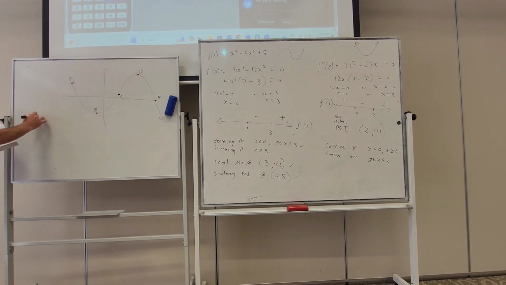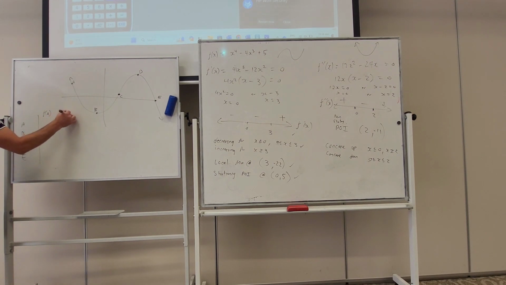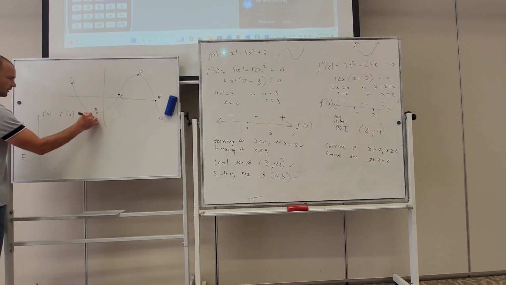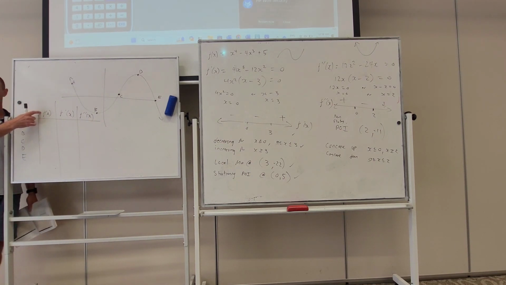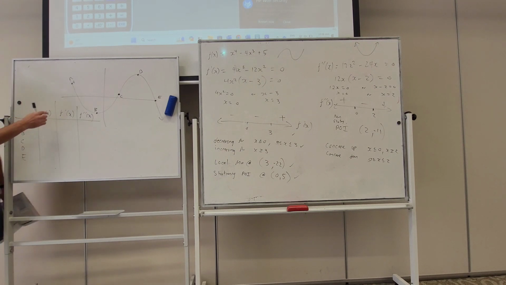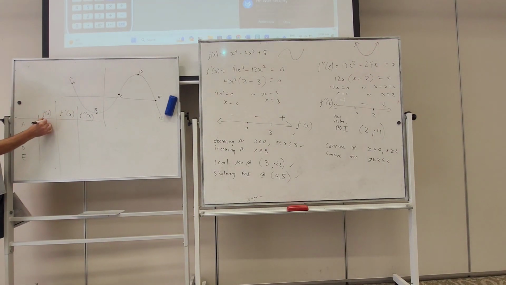And then we've got a table of points A, B, C, D. And all we're doing in here is filling in whether it's positive, negative, or 0. F of x is the y value. So at point A is the y value positive, negative, or 0? The y value here is positive.